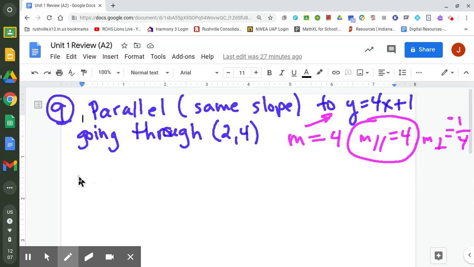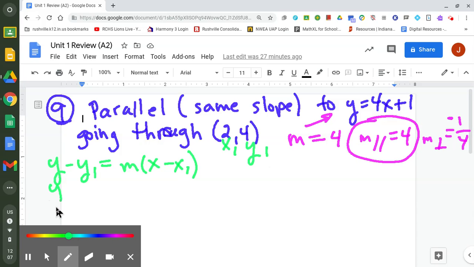So now we're going to go back to the point slope formula. That is y minus y1 equals m times x minus x1. So my point here is x1, y1.